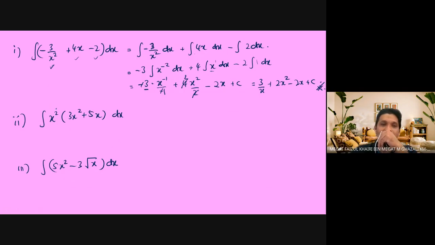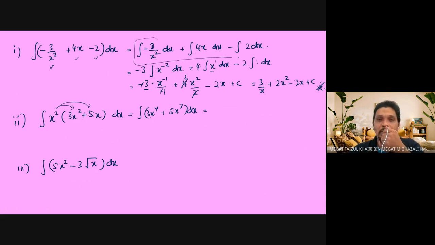Now for this kind of question, we are going to expand it. Integral of 3x squared times x squared is 3x power 4, plus 5x times x squared is 5x cubed, dx. If I'm not using this process, I skip it and straightly integrate these two one by one.